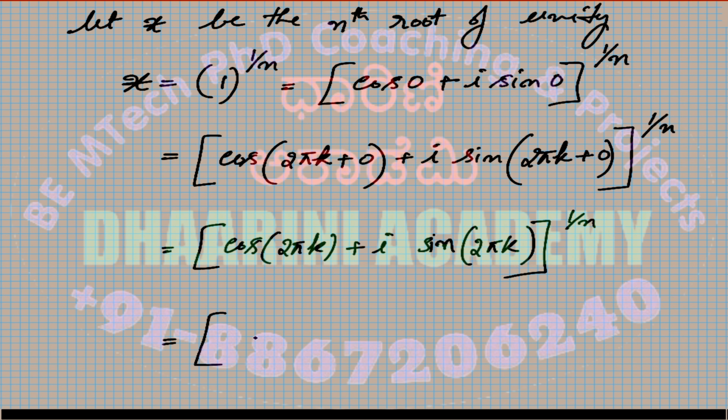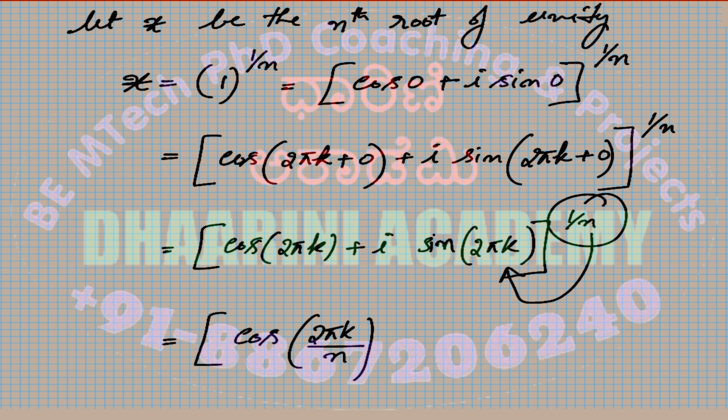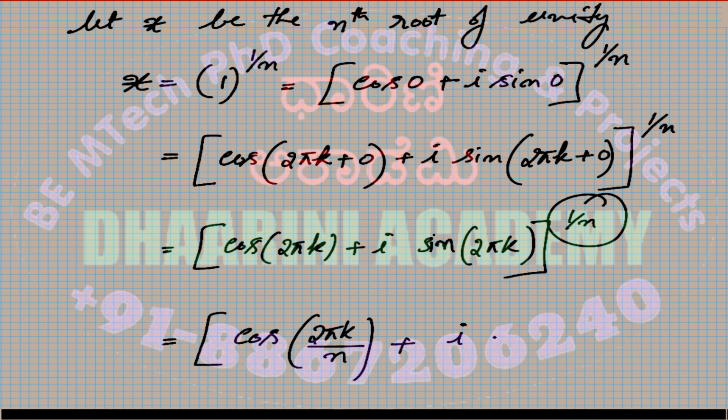So this is cos of 2 pi k divided by n, because that 1 by n comes inside as the denominator, plus i into sine of 2 pi k by n.